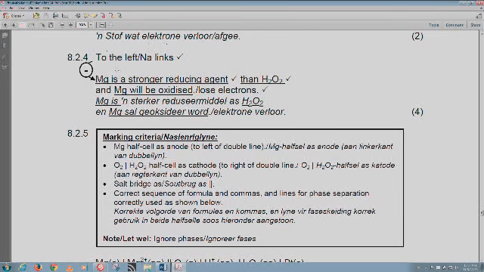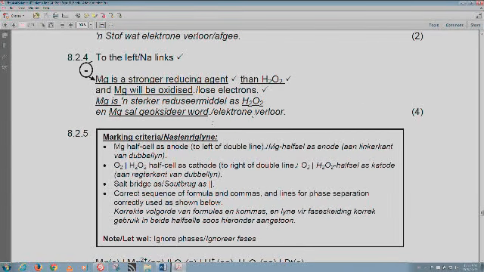In other words, the learner must say magnesium is a stronger reducing agent, not "it is a stronger reducing agent", because the learner is talking about 2 reducing agents, which are magnesium and hydrogen peroxide. So the learner must say magnesium is a stronger reducing agent for 1 mark than hydrogen peroxide for the 2nd mark, and then the last mark is for magnesium is oxidized or magnesium loses electrons, not "it is oxidized".